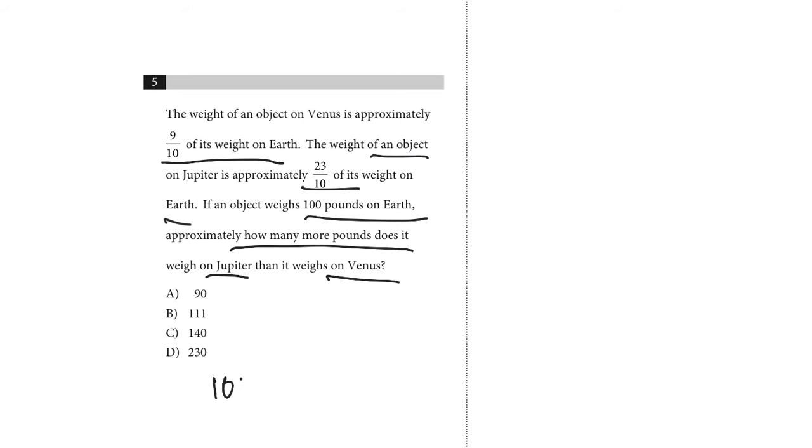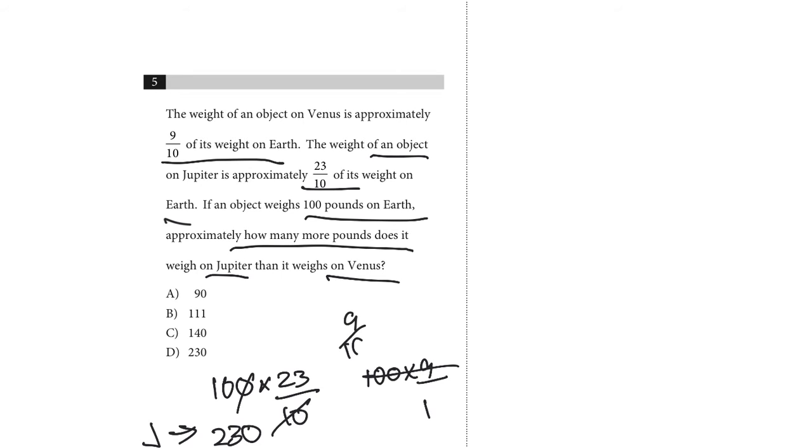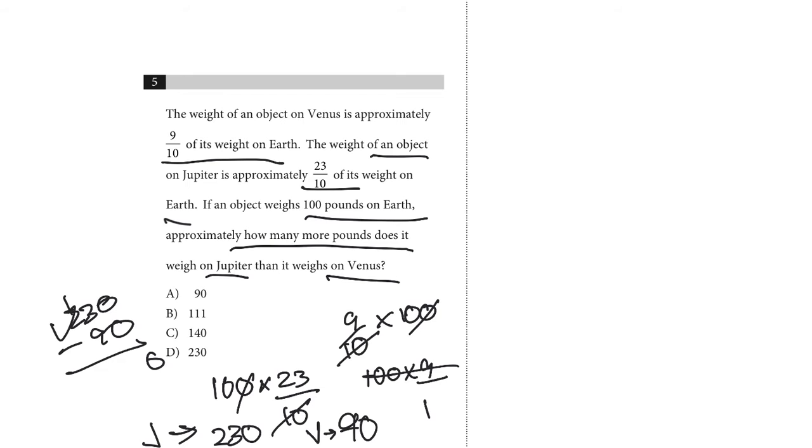So it's 23/10 of its weight, that would give us 230 pounds on Jupiter, and on Venus, 9/10 times 100, that would be 90 pounds, right? So how many more pounds does it weigh on Jupiter? 230 minus 90, that would give us 140. Yeah, C is the answer.